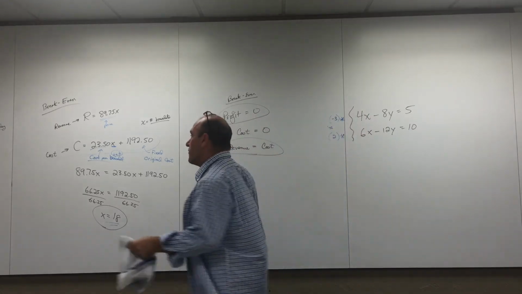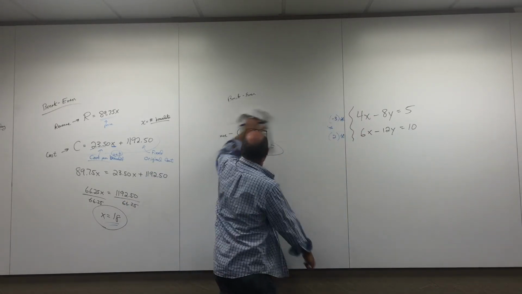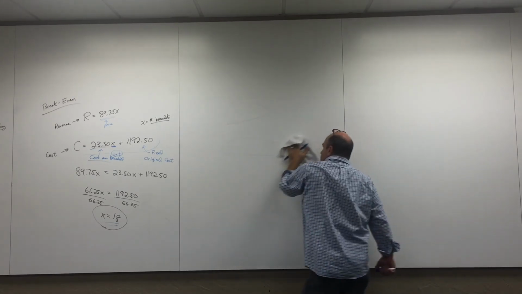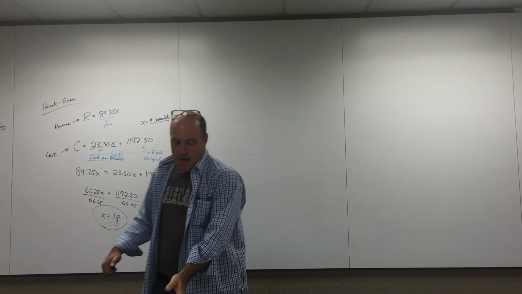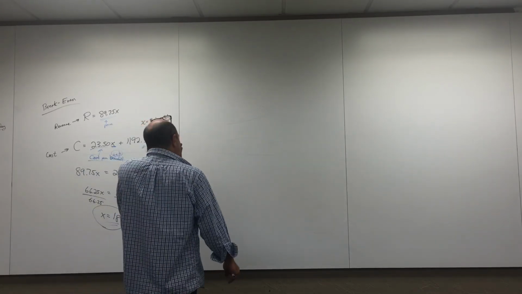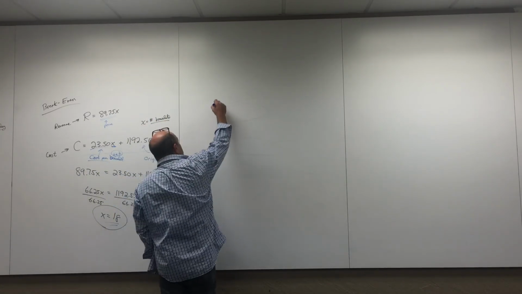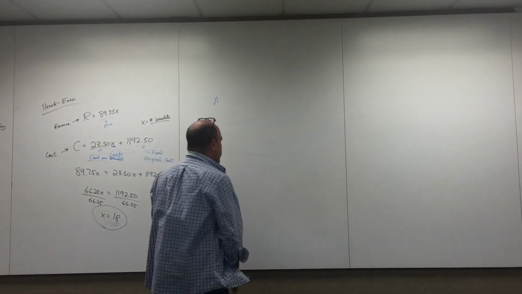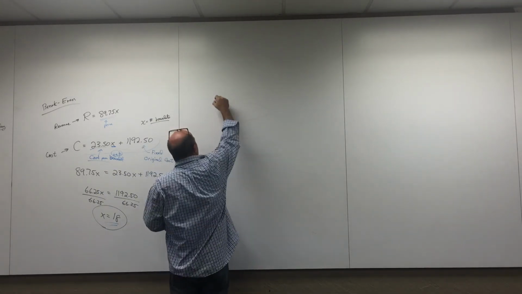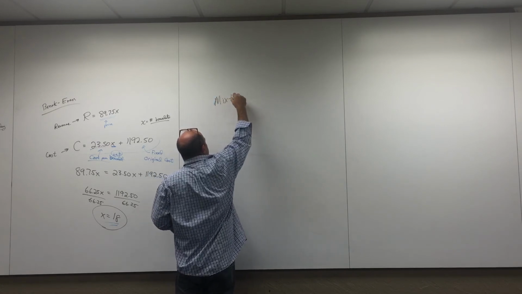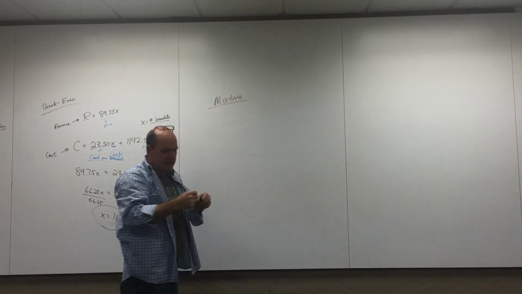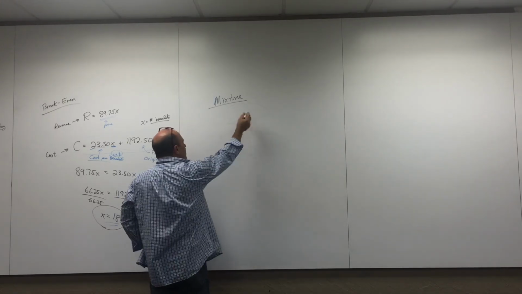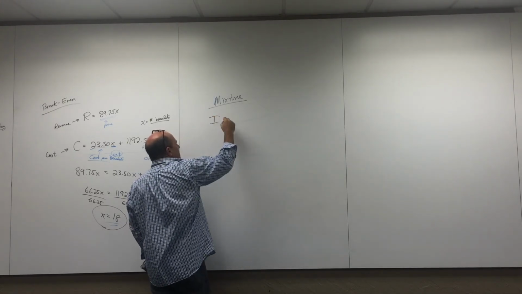Let's do another kind of word problem. Here's what I'm doing. They've got these mixture problems, so I'm making up a mixture problem for you here. We used to do these in intermediate algebra. Maybe you might remember this. A mixture problem. Let's see. I'm going to try to mix up a party drink.